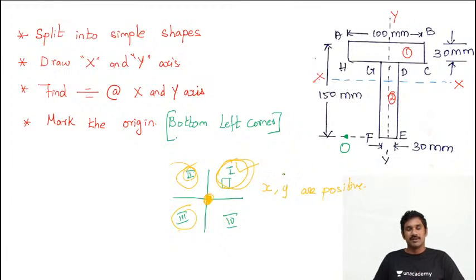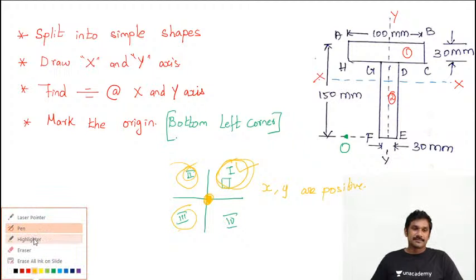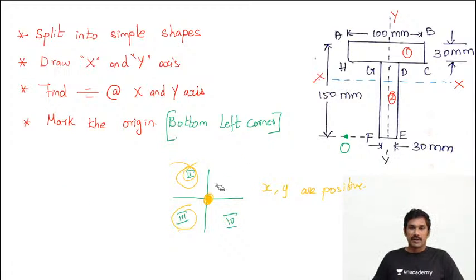Human error is possible. So to avoid those unwanted errors, I prefer the bottom left corner, that is the first quadrant. You can also select the other three quadrants and solve it; there is nothing wrong in it, and you will get the same answer. But to avoid silly mistakes, I am using the first quadrant because it's the simple one to solve.